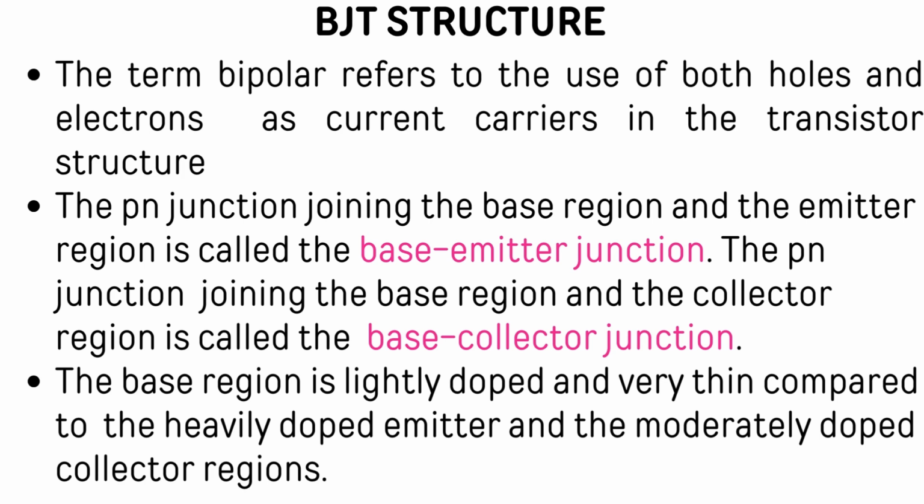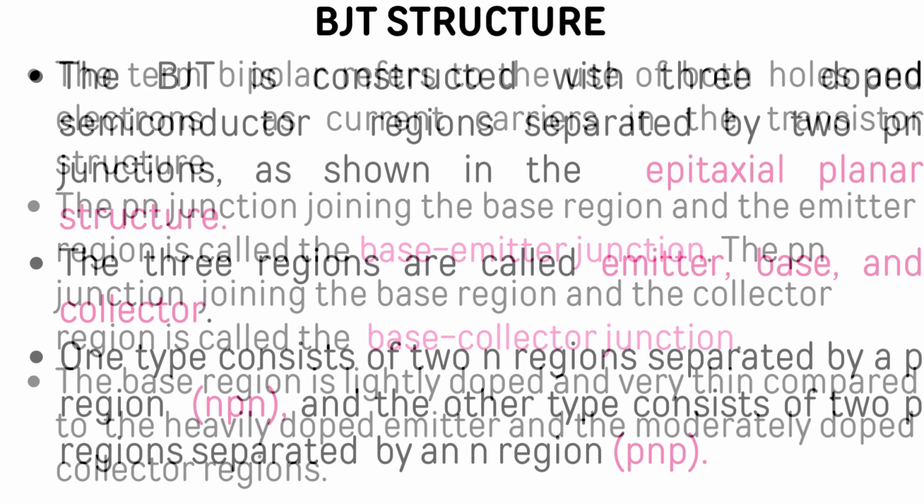The PN junction joining the base region and the emitter region is called the base emitter junction. The PN junction joining the base region and collector region is called the base collector junction.